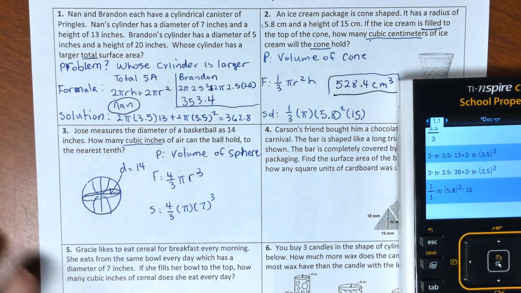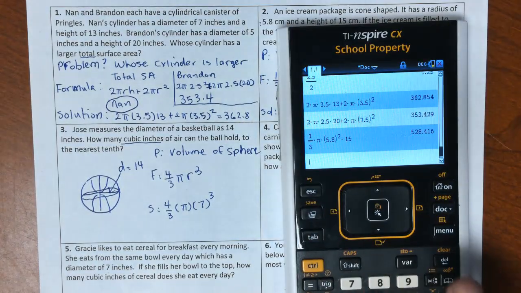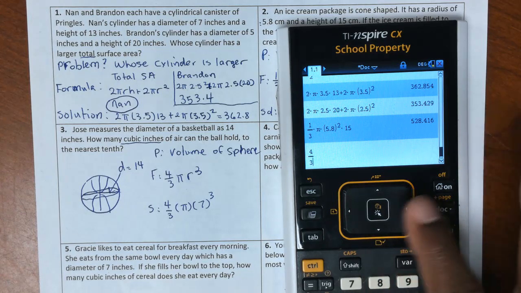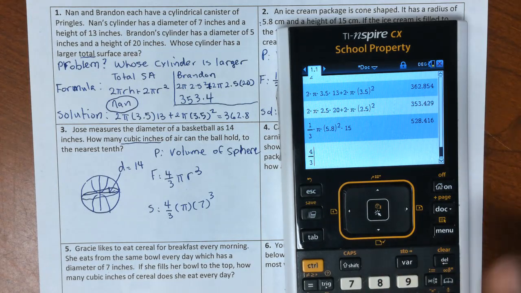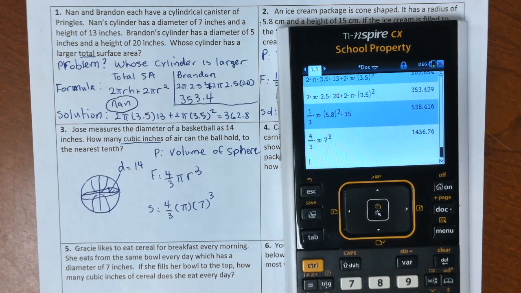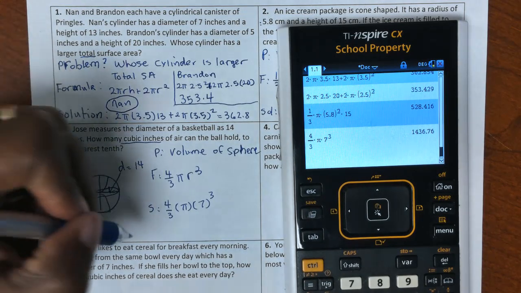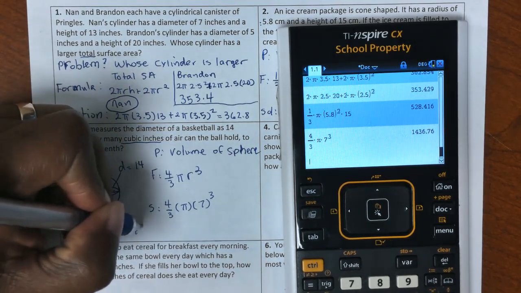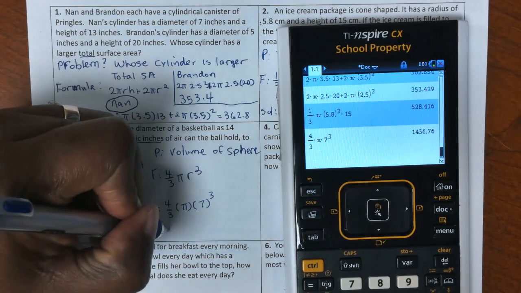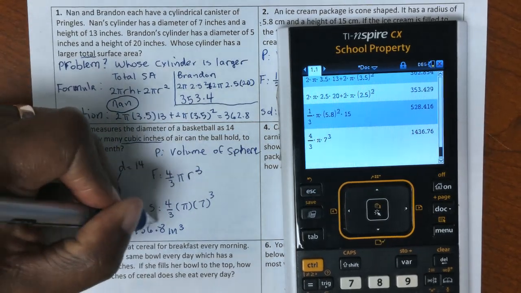So then we go ahead and use our handy-dandy calculator, and we'll do 4 over 3 times pi, times our radius, which is 7 raised to the third power. Okay, so our volume, it can hold 1,436.8 cubic inches of air.